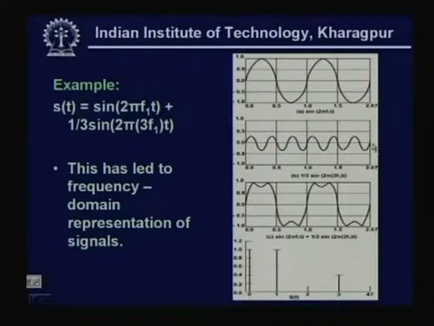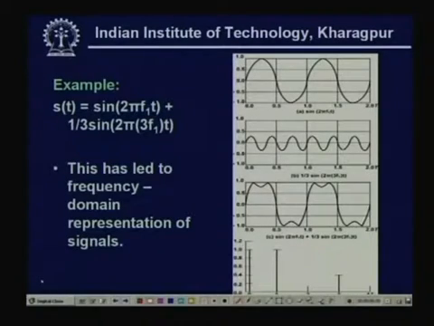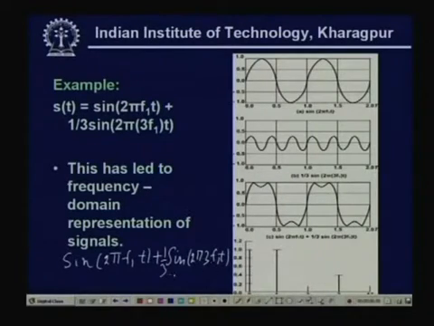Now if these two are added, that means if we have sine 2 pi f1 t plus 1/3, that means amplitude is 1/3, sine 2 pi 3 f1 t, assuming the phase is 0 for both, then if we combine these two we get a signal like this, as it is shown.